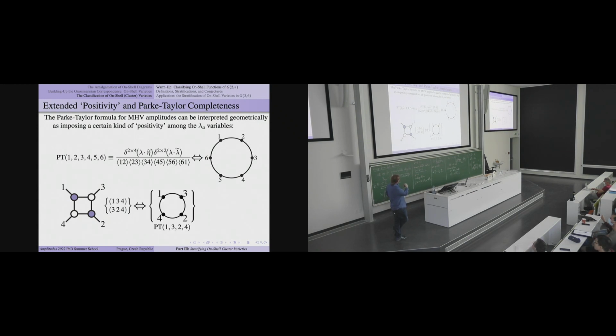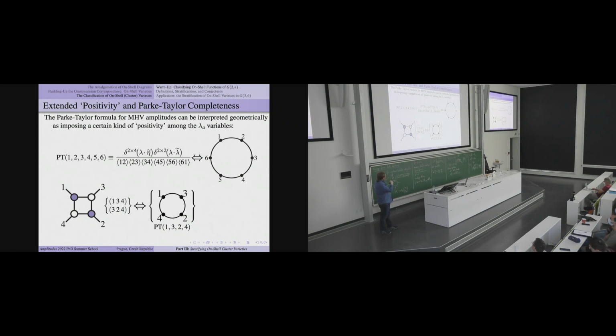And what we find is that 1, 3, 4 corresponds to the geometric constraint that 1, 3, and 4 are cyclically ordered clockwise around the circle, and that 3, 2, 4 are cyclically ordered clockwise around the circle. If you think about it for just a moment, 1, 3, 4 being ordered and 3, 2, 4 being ordered has exactly one set of consistent configurations, which is that 1, 3, 2, 4 all have to be cyclically ordered in that order.